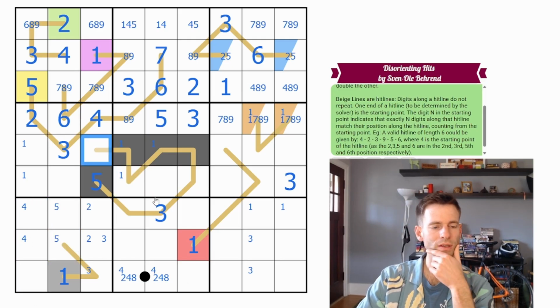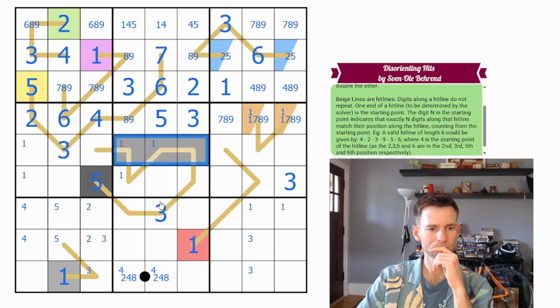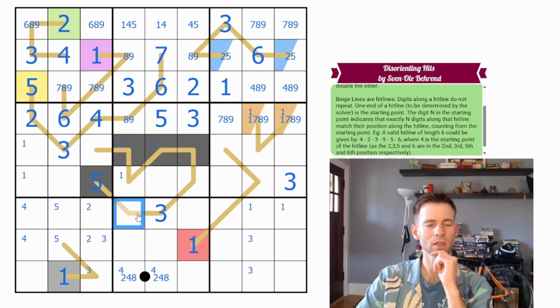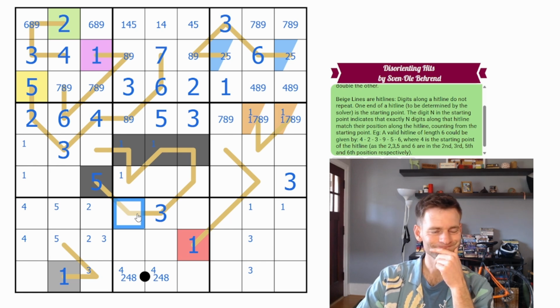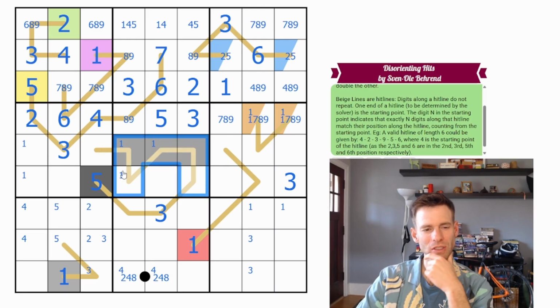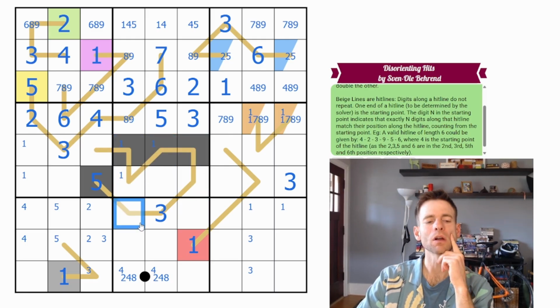Can I do anything more with these? These are wrong. This can definitely be a 4. One of these is a 4, because you need a 4 on the beige line. This can't be a 4 because of this.